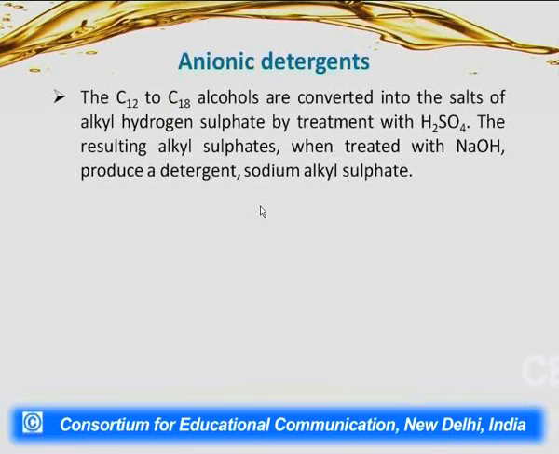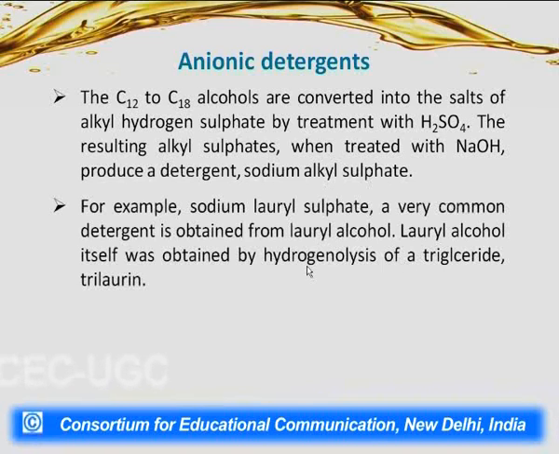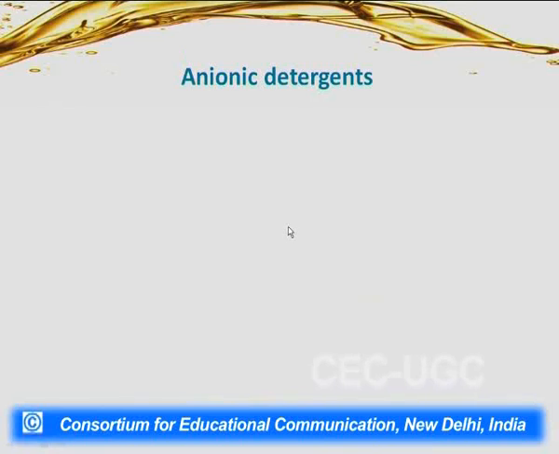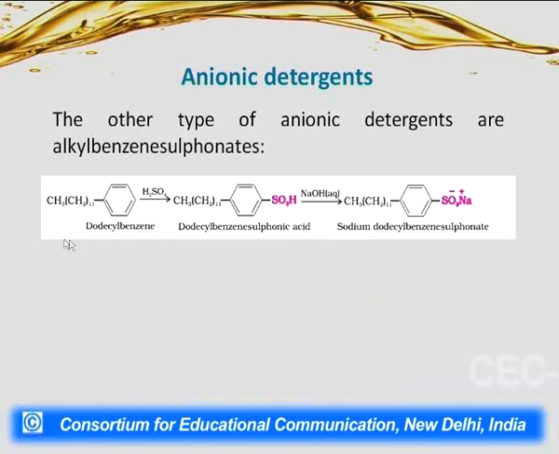Anionic detergents are obtained either from the C12 to C18 alcohols, which on treatment with sulfuric acid give corresponding sulfates, and on treatment with sodium hydroxide their sodium salts are obtained. They are also obtained by treating the aromatic compounds having long chains with sulfuric acid, where we get their sulfonic acids, and they on treatment with sodium hydroxide form the sodium salts.